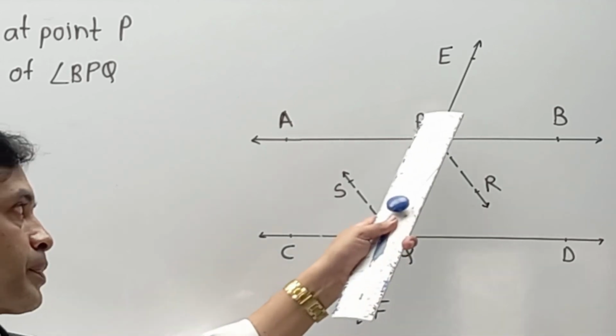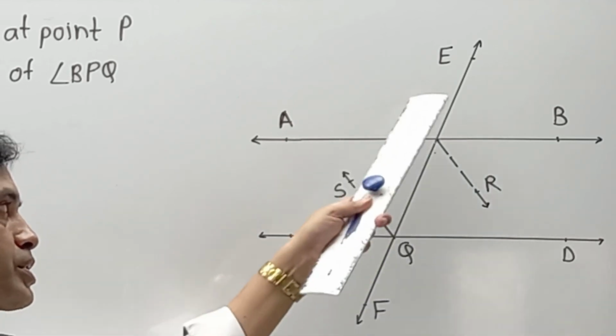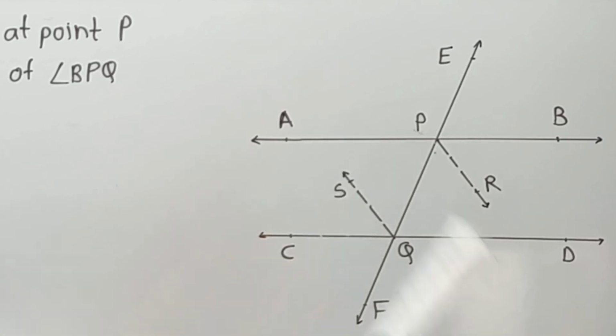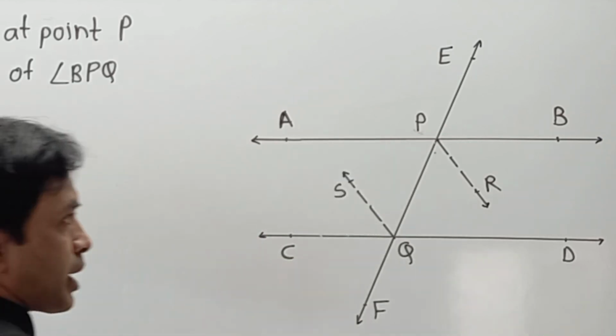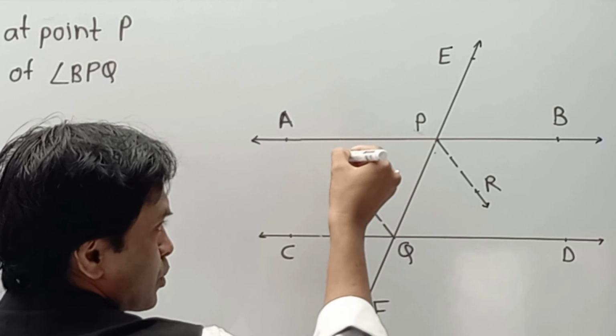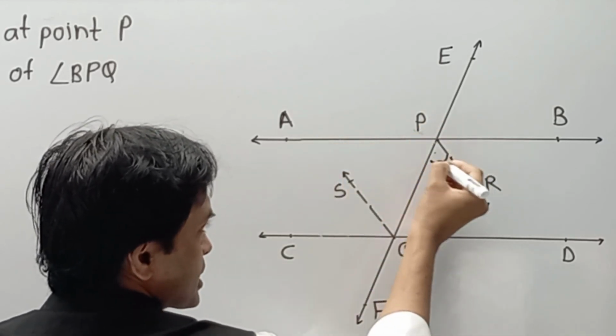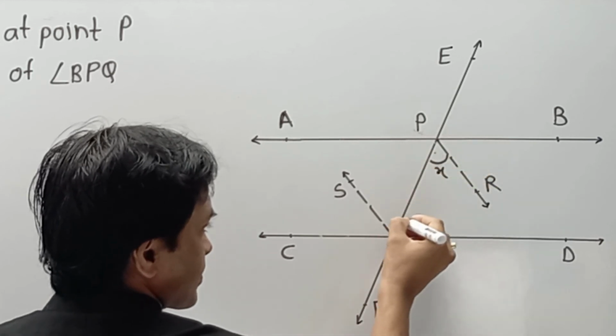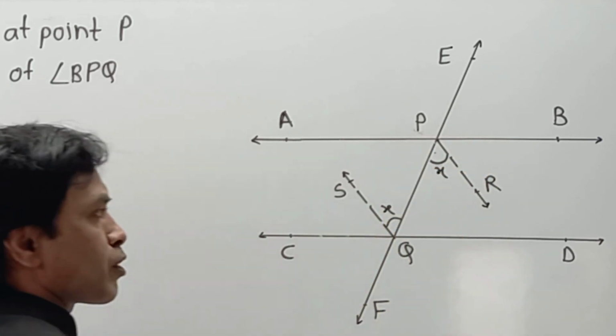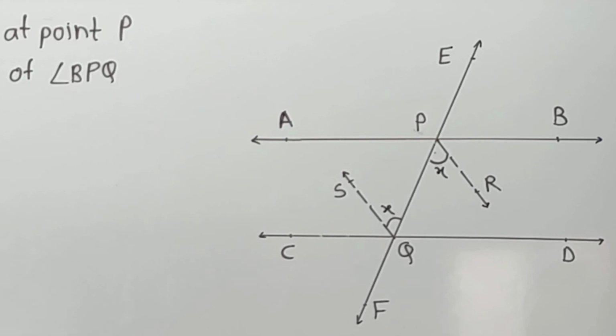Now, if PR is parallel to QS, then PQ acts as a transversal and we count this angle as x and x. These are congruent because these are alternate angles.